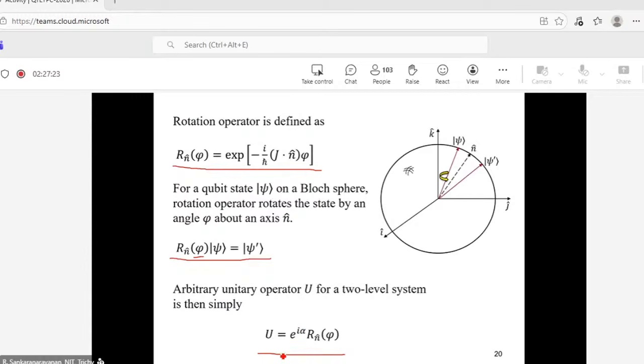So these unitary operations which operate on a single qubit can be represented by this rotation operator multiplied by a factor e to the power i alpha. This is how you can build a variety of unitary operators which operate on a two-level system, by appropriately choosing your angle phi and the vector n cap.